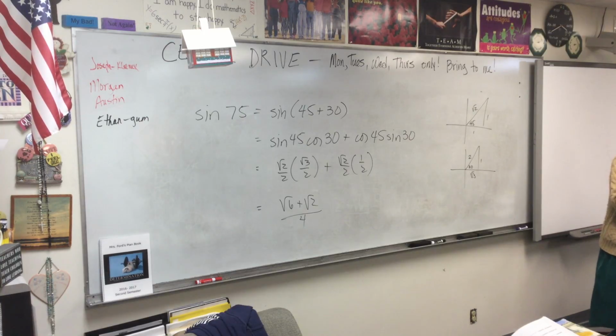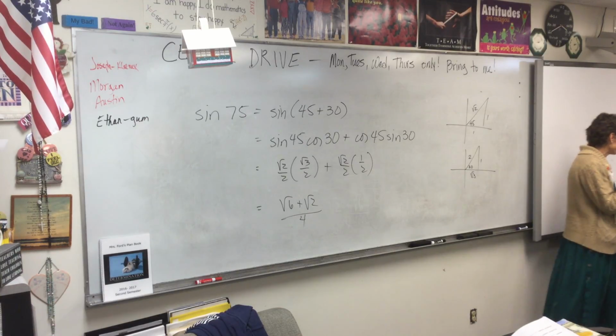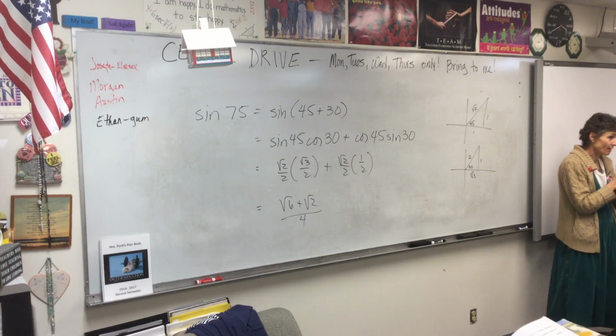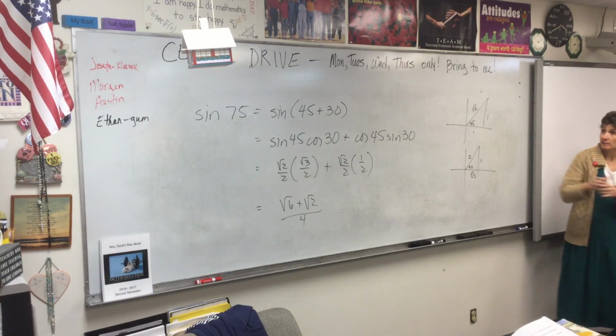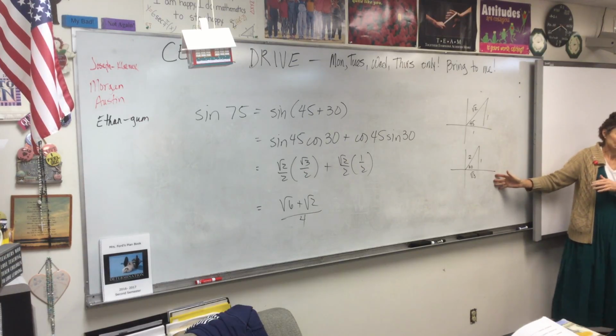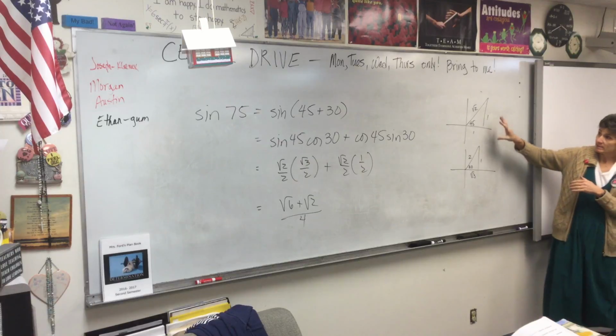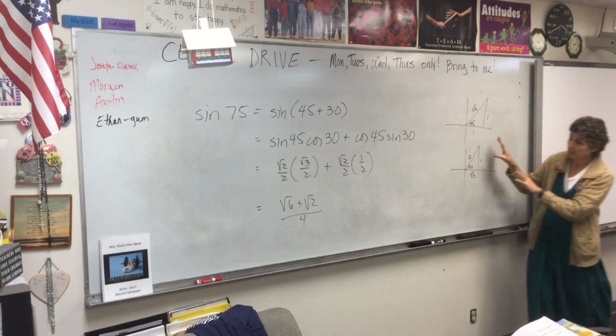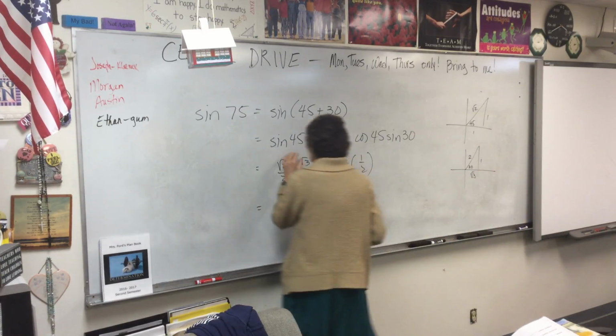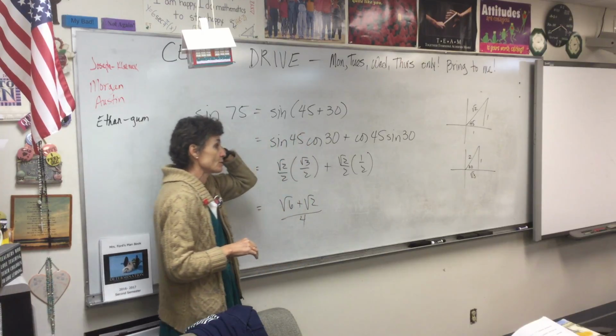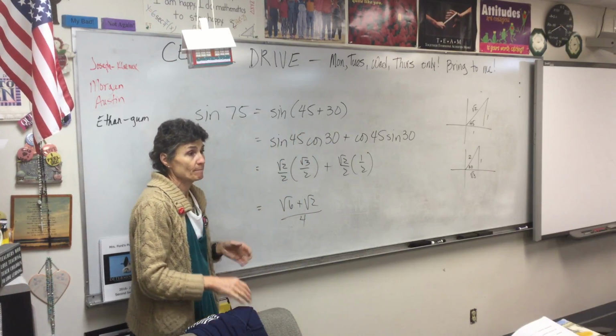Take 75 down? Did you pick 45 and 30? Okay, you didn't have to, you know that, you could pick other things, but I think that's probably the most obvious. Whatever angles you picked, did you draw a picture of them, labeling the sides so that you could get the numbers and plug them in? All right, what formula did you use for the sine of 45 plus 30?